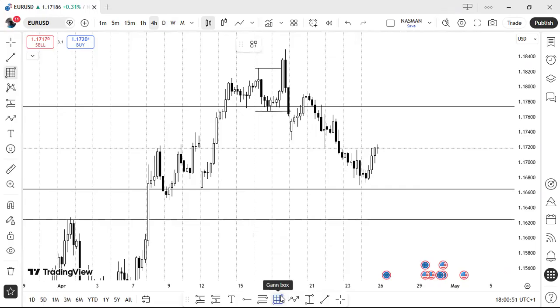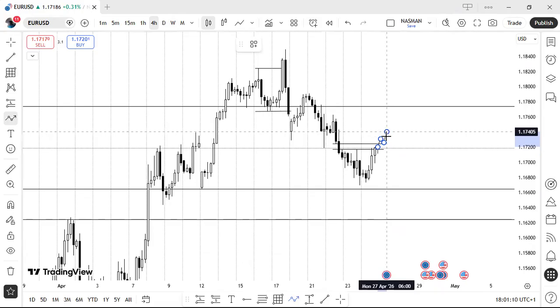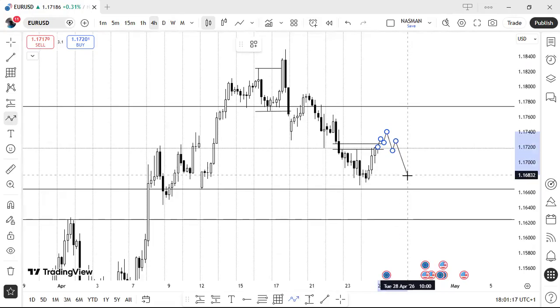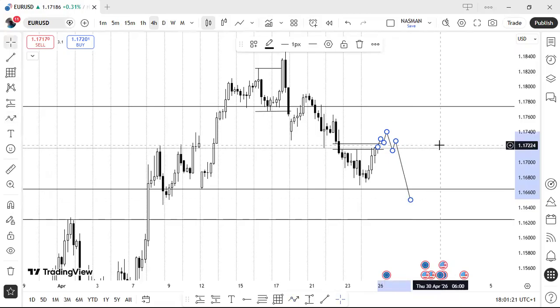So, EUR/USD is currently reacting in a 4-hour imbalance, which, just as I forecasted on the DXY, I expect price to still give me a lower time frame sell side change of character. That is maybe a 15-minute change of character. And I will continue to sell the EUR/USD to the weekly imbalance.